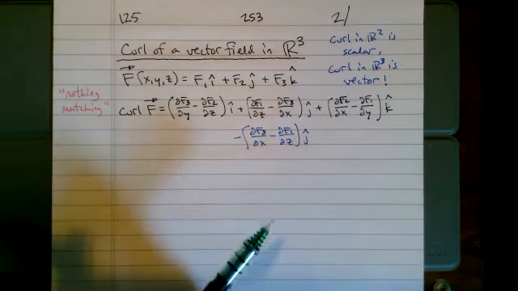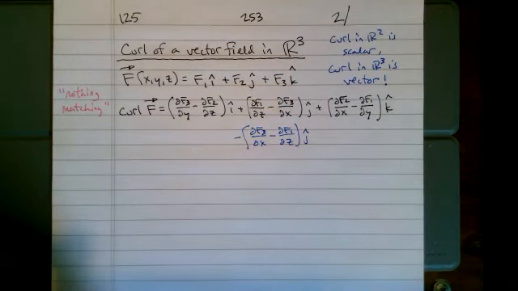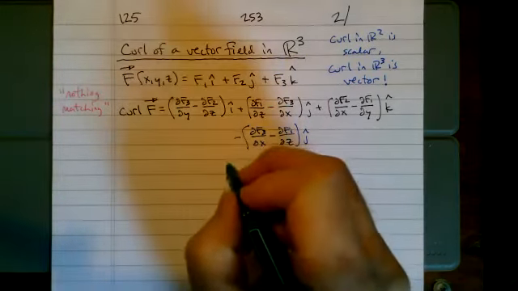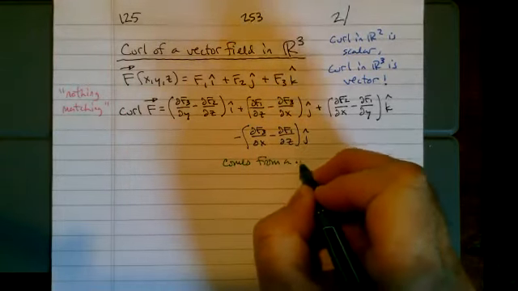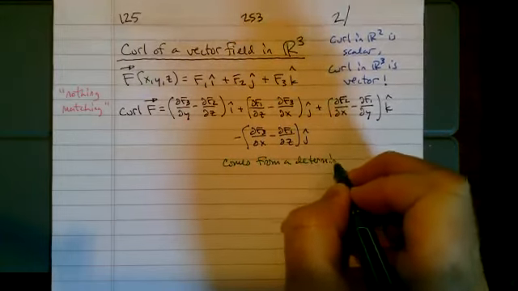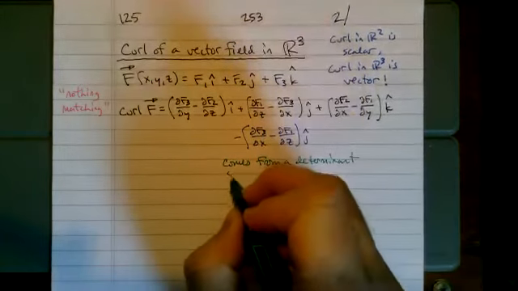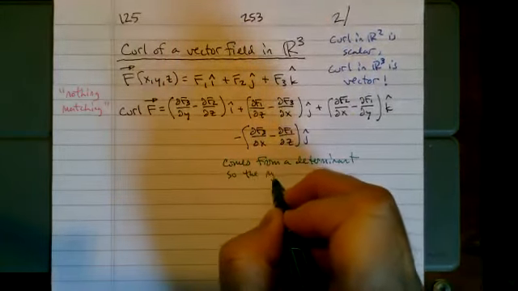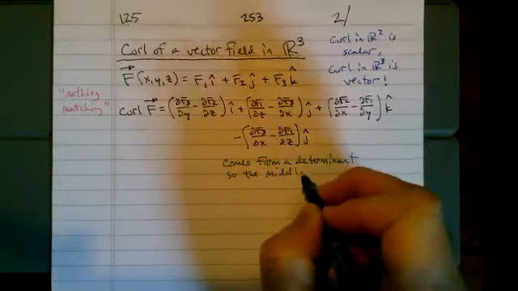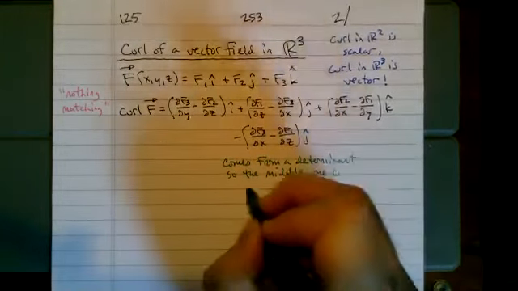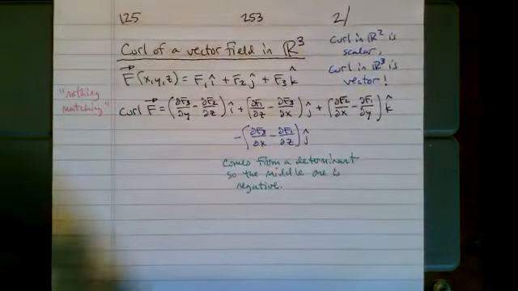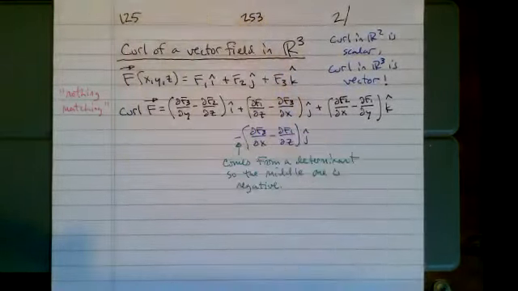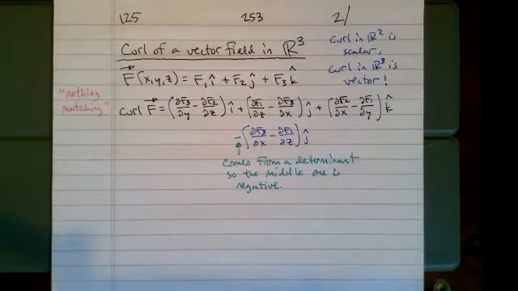We could think about this as coming from a determinant, so it's like the middle one is negative.